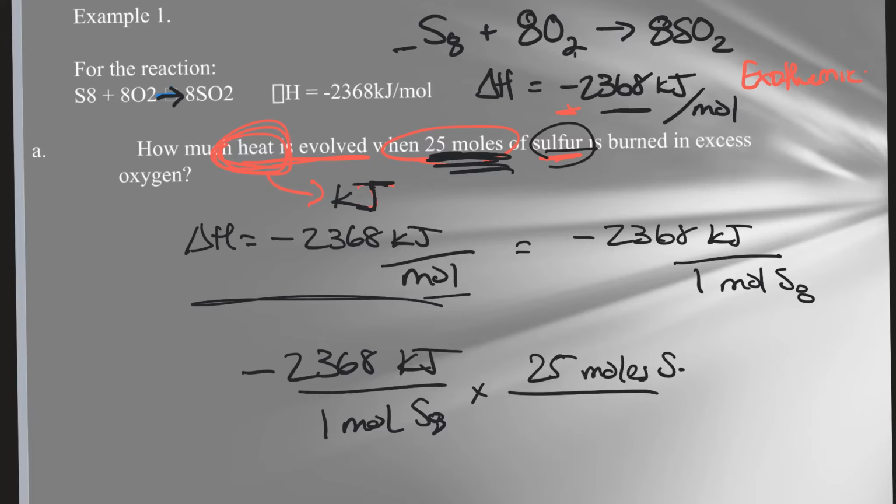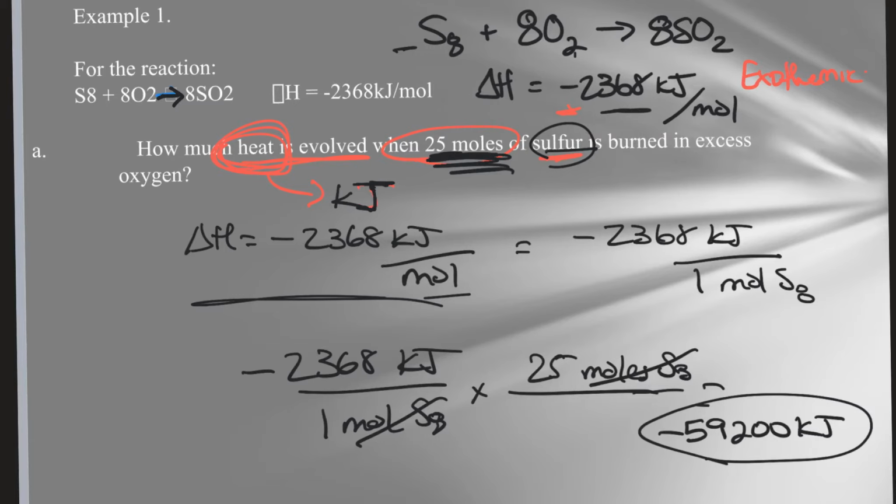So we cancel the units, and if you put this in a calculator, you get negative 59,200 kilojoules. That's how much energy will be produced if you burn 25 moles of this. I think it's simple enough.